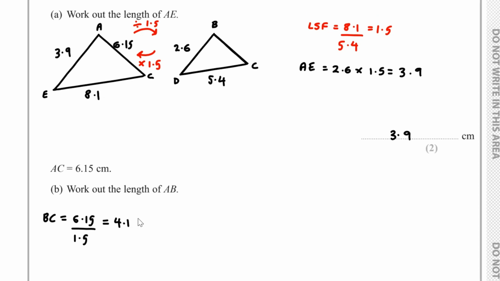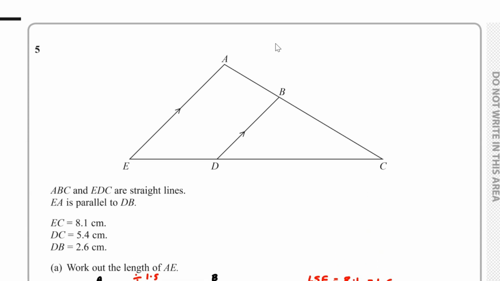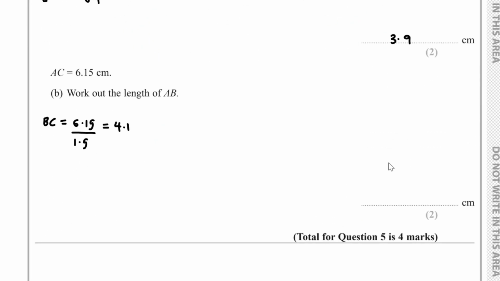So we've got 4.1 over here. So this total length is 6.15. This length is 4.1. So therefore, AB is equal to 6.15 take away 4.1, which is 2.05. So we've got AB, which is 2.05 centimeters.